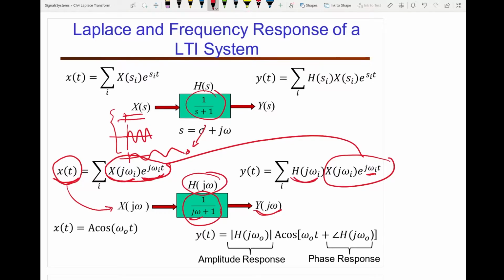And if I take an example, an input that consists of this one, it's just like 2A e^(j omega 0 t) plus A e^(-j omega 0 t). So I have two of these, one with j omega 0, another one with minus j omega 0. So this is the input. Then what will be the output? It will be exactly the same input here, which is this.